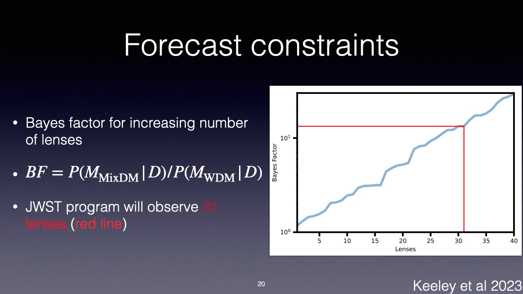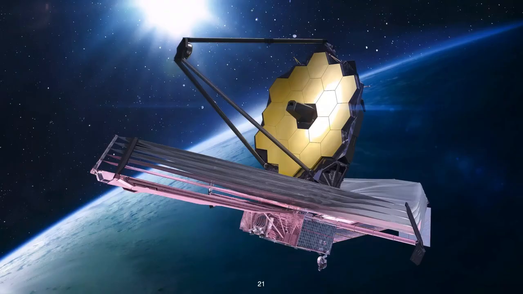I'm involved with a JWST program that will observe 31 lenses in particular. The red line shows the forecast for our specific program, where we should get around a Bayes factor of 13 to 1 for our 31 lenses. We're around halfway through our JWST program, where we currently have 15 or so lenses, and the data reduction is currently being done.